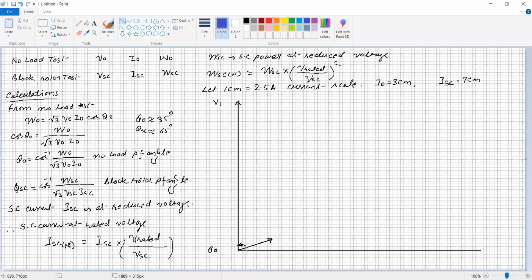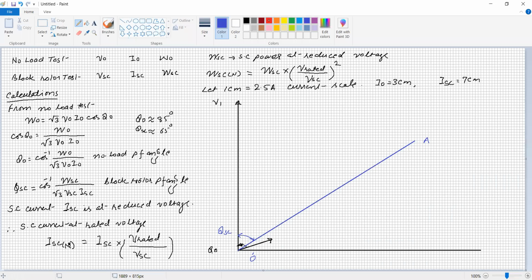This is the short circuit current, large in magnitude, and this angle is theta SC. Now we will name this point O dash, and this point is A.